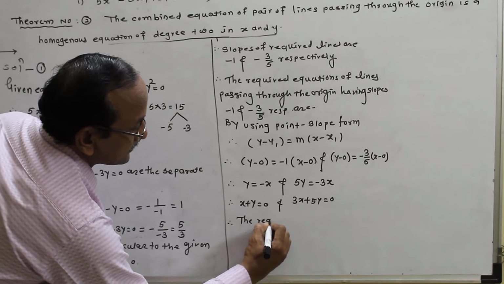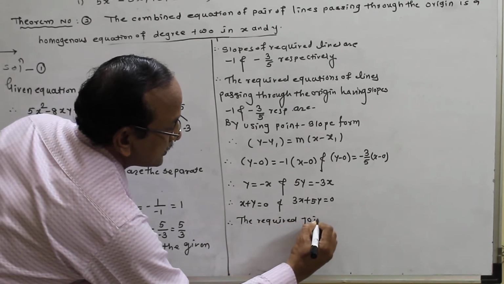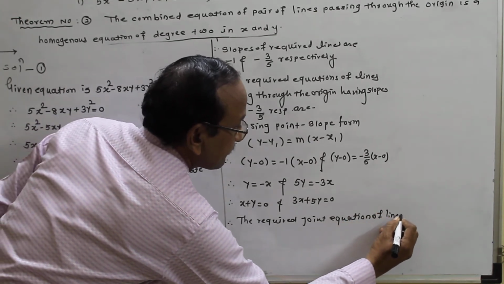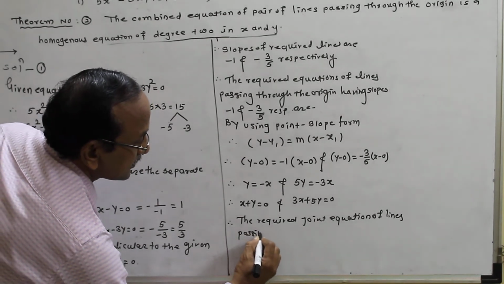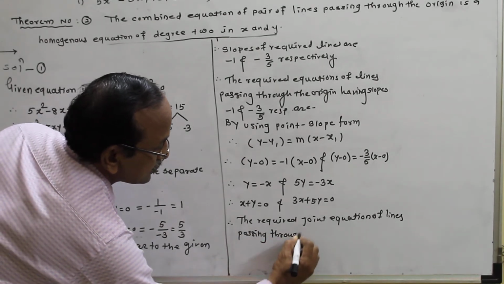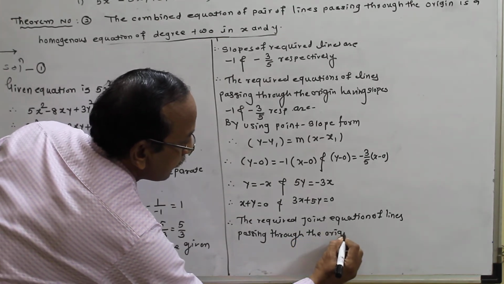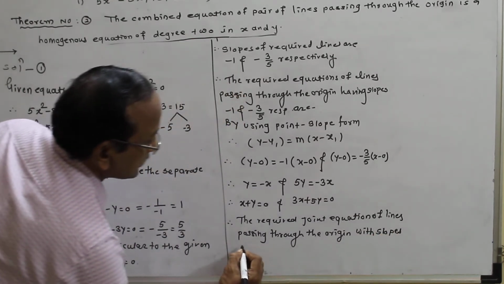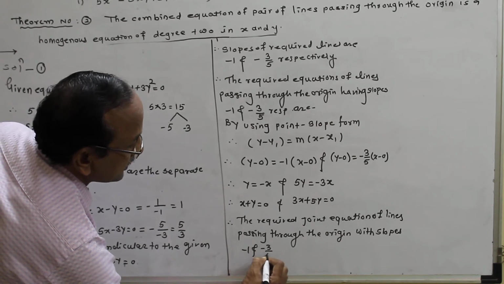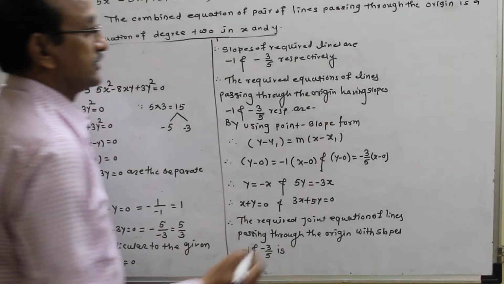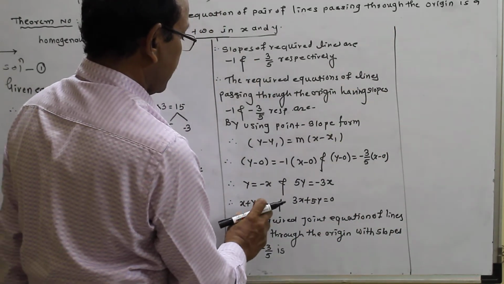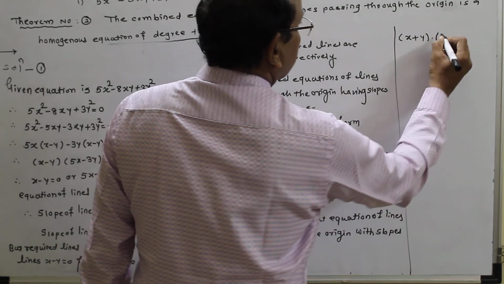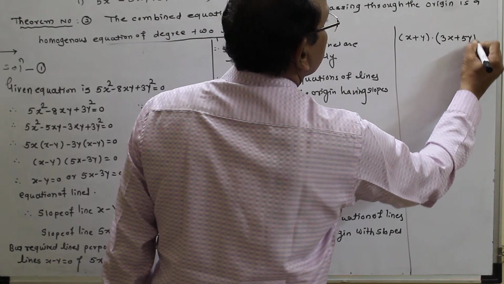Therefore the required joint equation of lines passing through the origin with slopes minus 1 and minus 3 by 5 is (x plus y) into (3x plus 5y) is equal to 0.